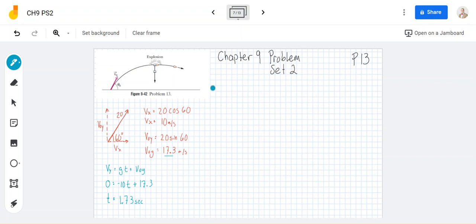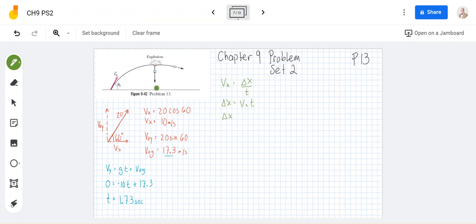If I want to find out how far I went horizontally, I know that the v in the x direction, so speed, is equal to the distance divided by the time. So delta x is equal to vxt.